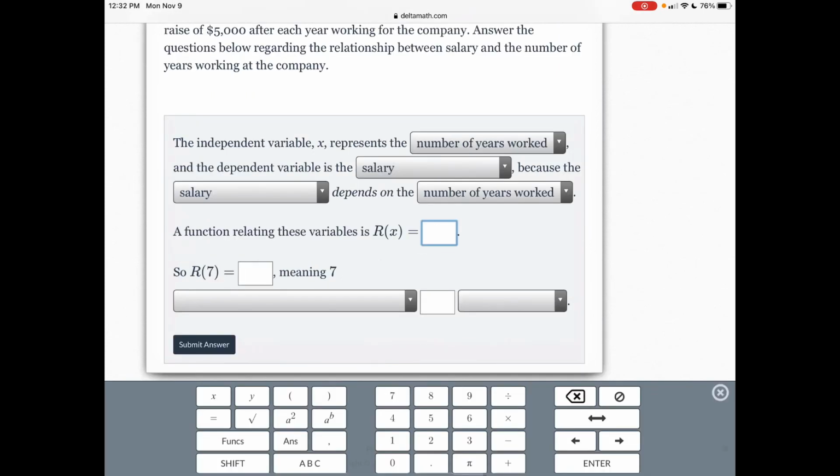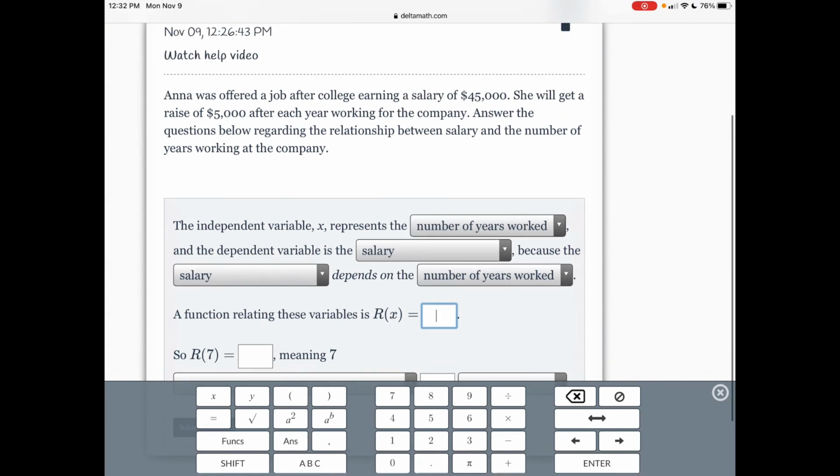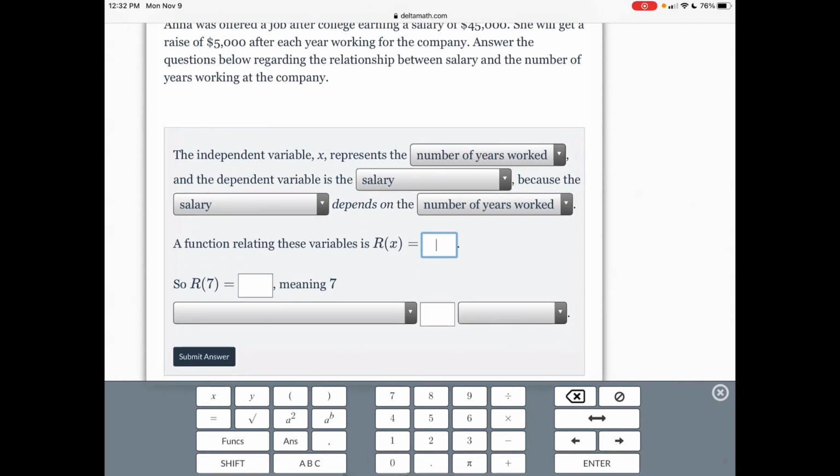For that function, we have to take into account that Anna has $45,000 regardless. So $45,000 is going to be the starting salary plus, then we take into account the number of years and the raise, 5,000 x.